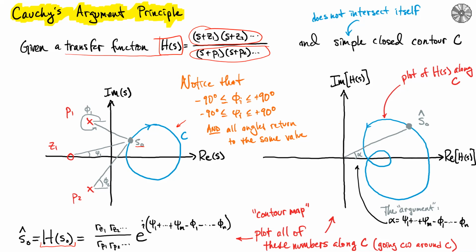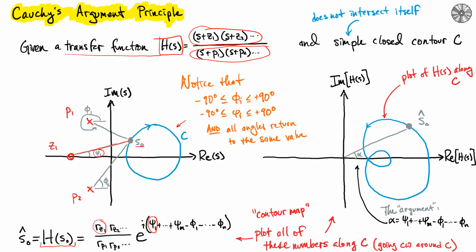We're going to write that transfer function in terms of its magnitudes and phases. For example, the distance between the first zero and the test point S0, the magnitude is given by the length of that line, and the angle is given by psi 1, and so the overall transfer function includes that magnitude and that angle.